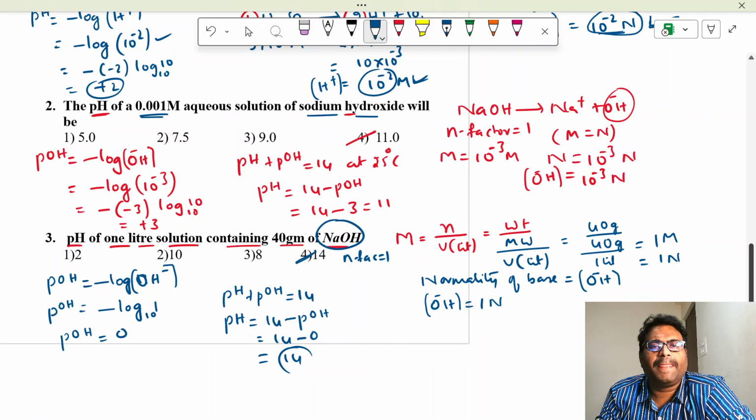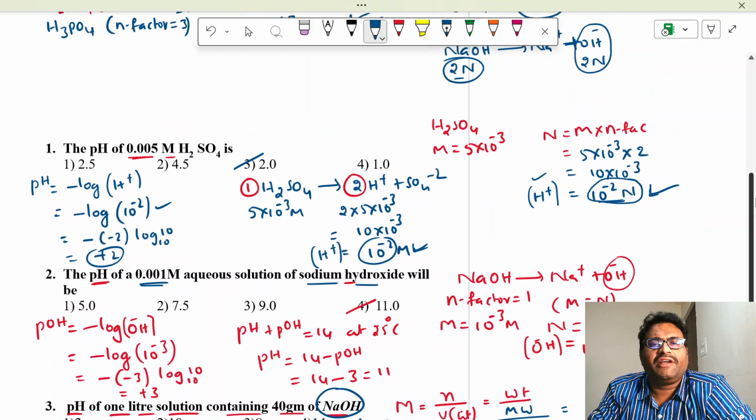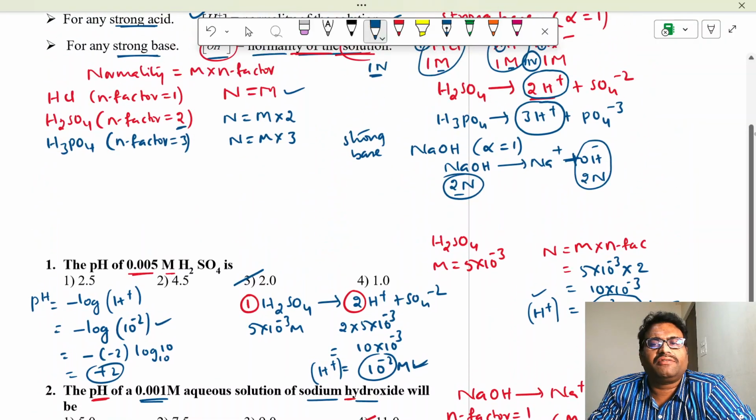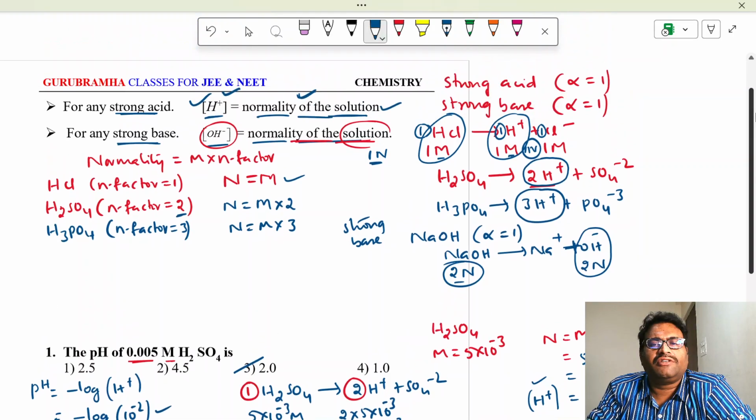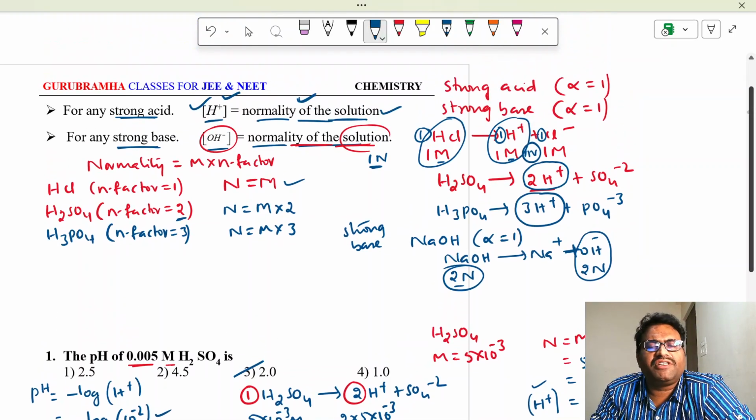And we know that for strong acid and strong base, alpha is equal to 1, right? Hope you understood this part of the topic, right? Each and every single point I have mentioned and represented.